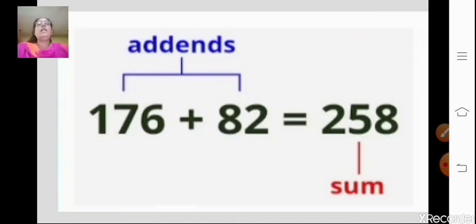Okay, now in addition, I have already told you that whatever the numbers are that are added, whether there are 2 numbers or 3 numbers or 4 numbers, those numbers are called addends, and the answer or the result after adding those numbers is called the sum.